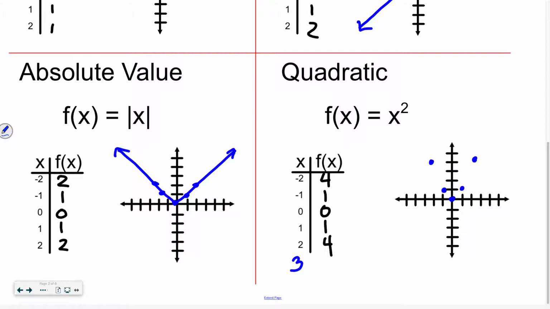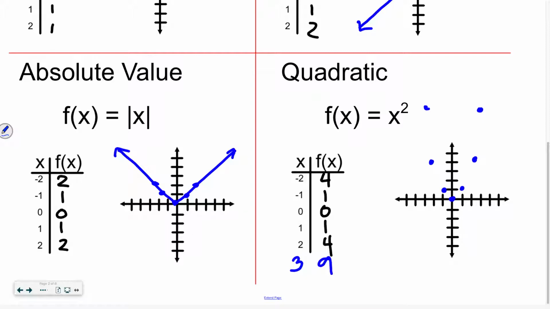What if I put in 3 and then square it, I'll get out 9. If I count 3 to the right and 9 up, I'm going way up there, and that would be true at -3 as well. So you can't connect those with straight lines like you could for absolute value. You're going to have to use curves.